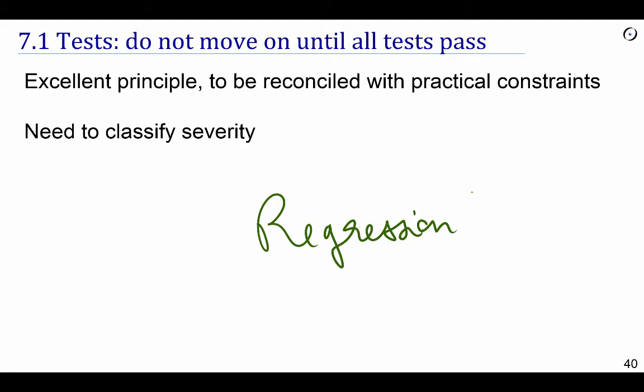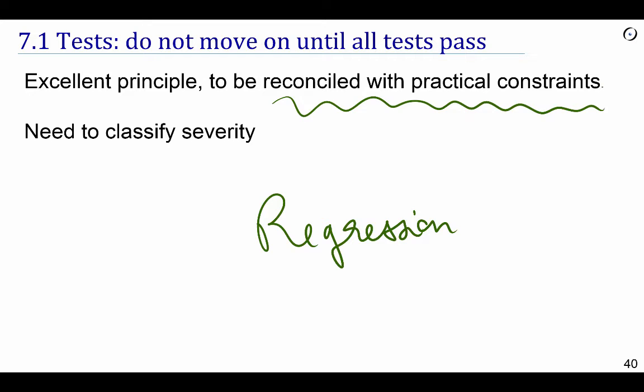So it's a tough rule because there might be functionality that you think is not so essential, so we'll fix these later, even though some tests are not passing, but it's a really good discipline to say, in consideration of practical constraints, don't move on until everything in the past works.